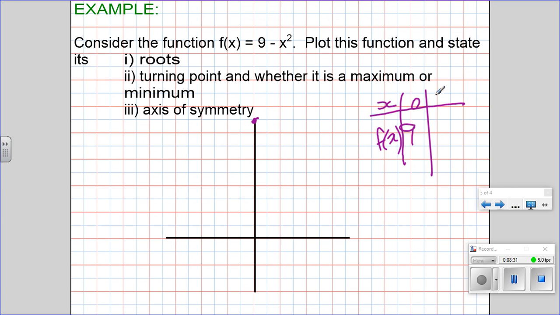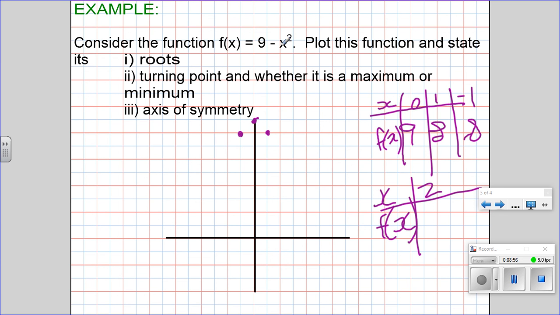Next thing I'm going to go for is 1. So 9 minus 1 is 8, so I got 8 here. Hopefully you're going to have figured out already that -1 is also going to give you 8. Okay, right, let's look at what happens when x is 2.